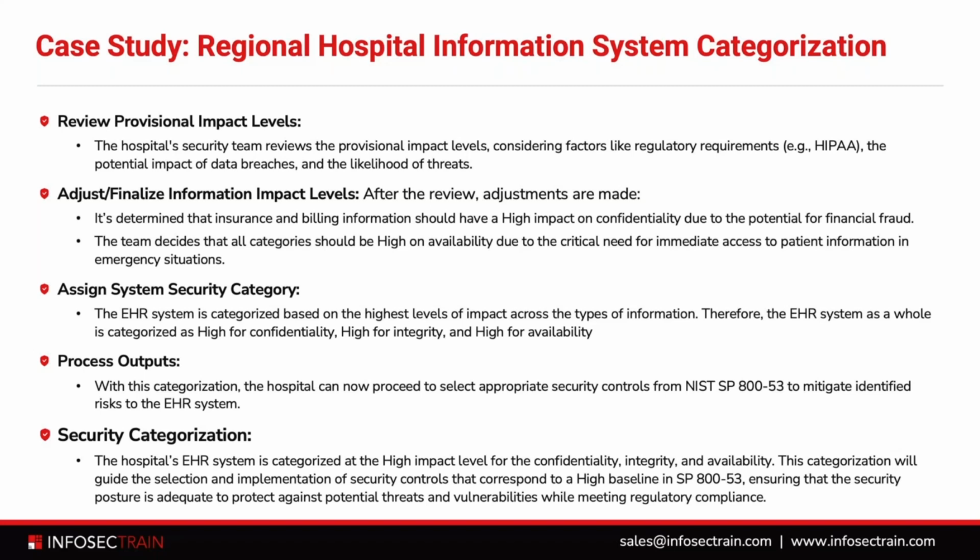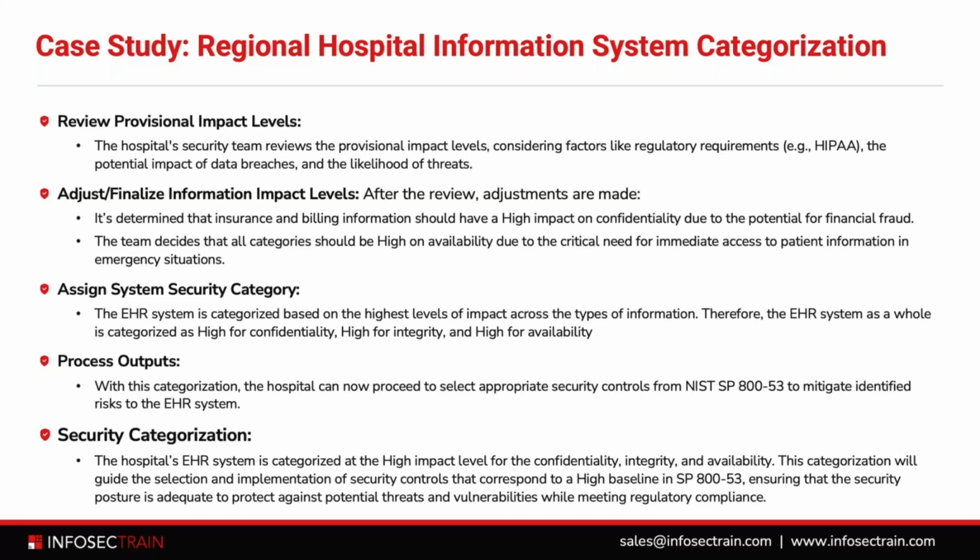Then assign the system security category. This is the main step over here. We assign the categories to the EHR system. The EHR system is categorized based upon the highest impact level across the information types. Therefore, as a whole, the EHR system is categorized high for confidentiality, high for integrity, and high for availability.